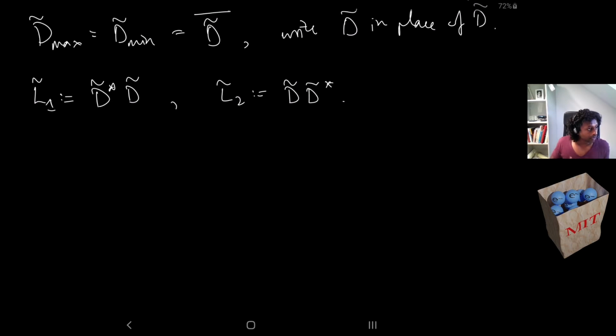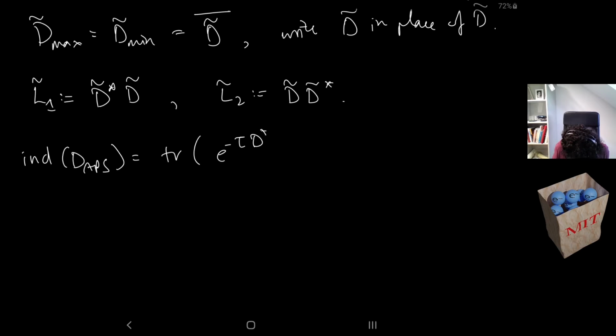And then we know from the calculations we've done so far that the index of D APS is the trace of e to the minus tau D APS star D APS minus e to the minus tau D APS D APS star. I should really also have said that it's a lemma.